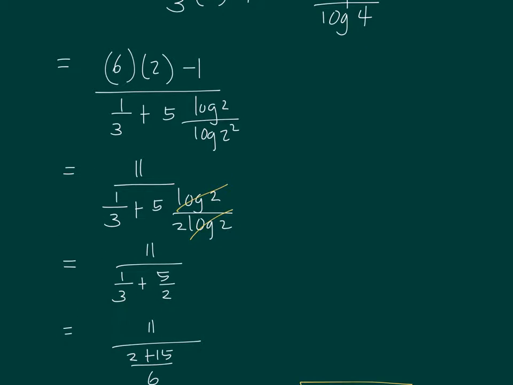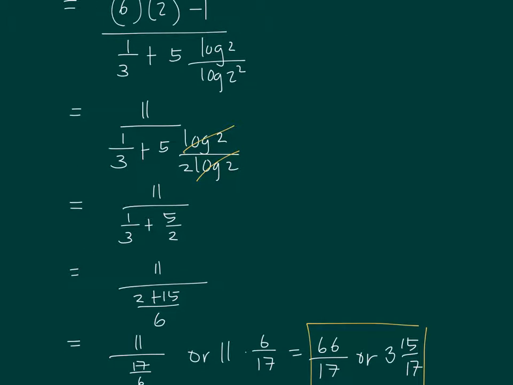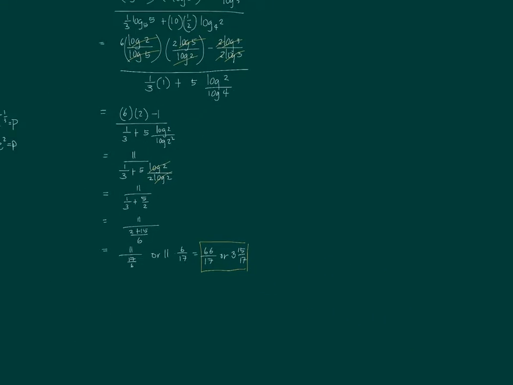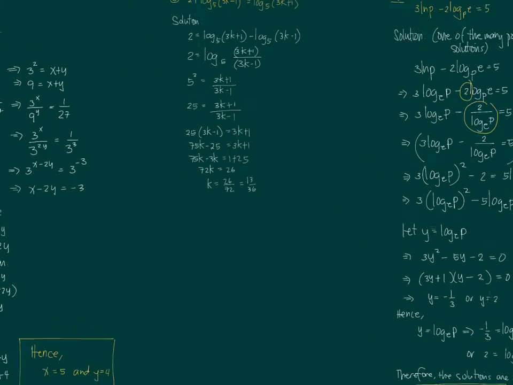So in the end, you should have this fraction, and simplifying this fraction, you get this, and then finally simplifying that should give you 66/17, or 3 and 15/17. So that's how we solve the items in the test.